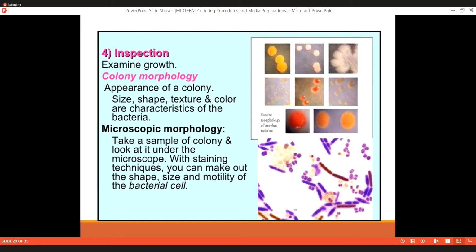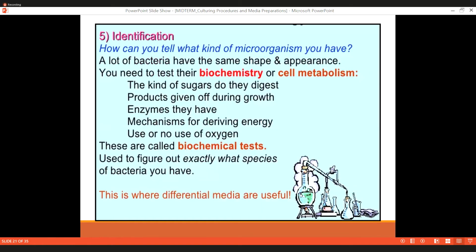So the last I is identification. After you have examined it with all those different things, you're going to identify what it is, whether it's Bacillus anthracis or Staphylococcus aureus.